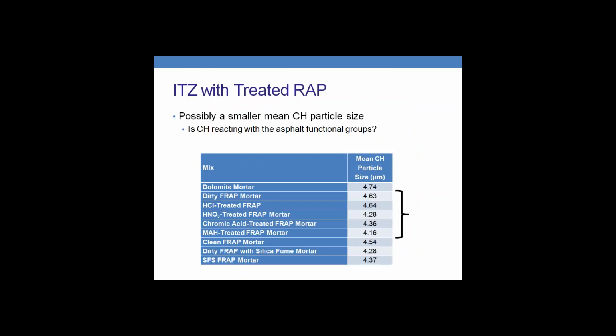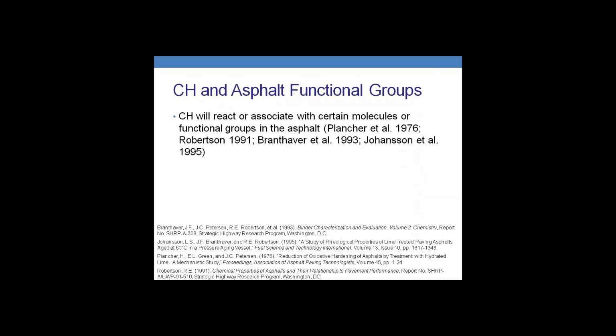And then again, looking at the CH particle size, calcium hydroxide, again, I'm skipping over what we did in that. We can see that with these treatments, our average particle size is decreasing. Again, suggesting maybe something's going on with the asphalt. If we look at the literature, these are studies from Western Research Institute and others, looking at how lime and asphalt interact.